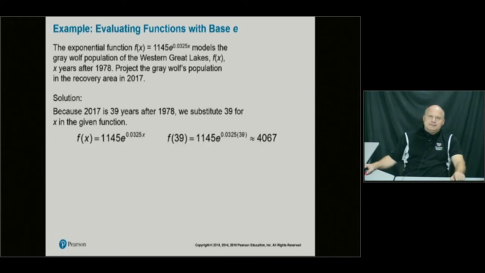But on this one, you have to punch in 1145 first. You don't have to hit the multiplication. Hit 1145 and then Shift LN, and e with a caret symbol and a left parenthesis pops up.